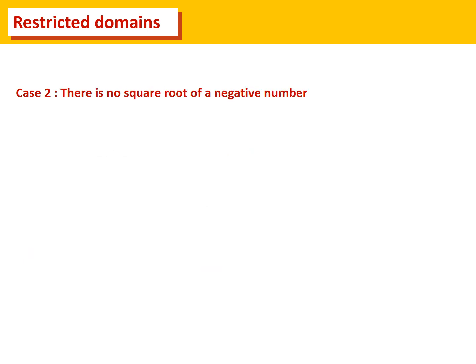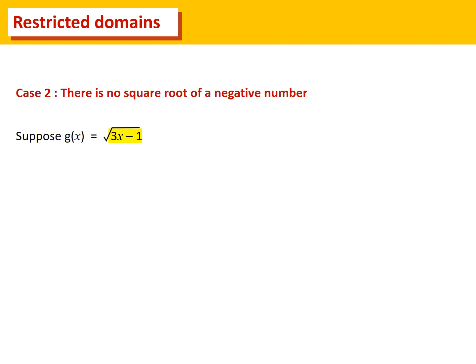In case 2, there is no square root of a negative number. So if our function g of x is the square root of 3x subtract 1, we've got the square root of 3x subtract 1. Now, 3x subtract 1 cannot be a negative number because we can't have the square root of a negative. Now, for a number not to be negative, it must either be 0 or greater than 0.